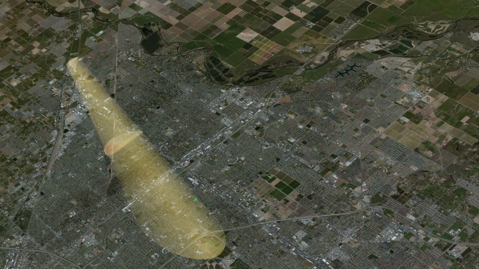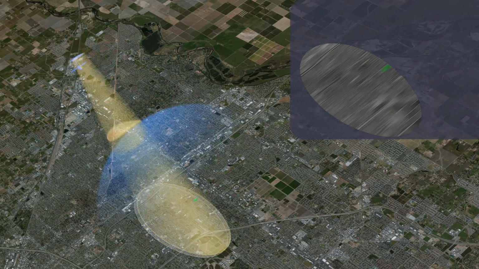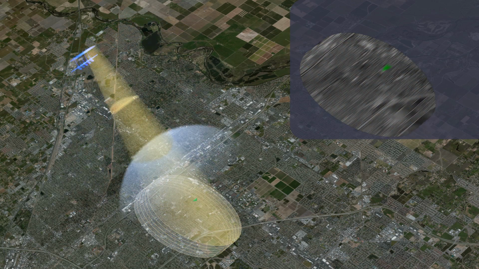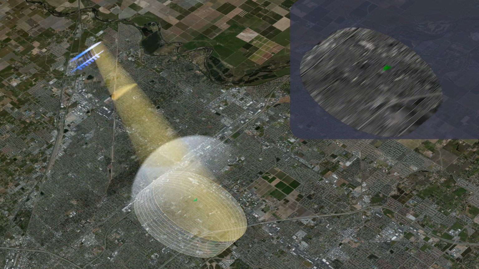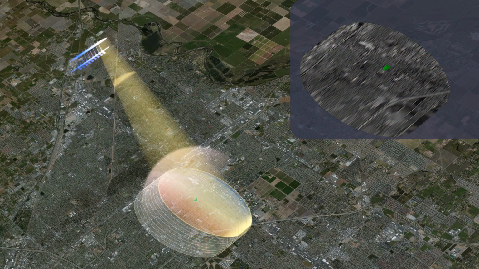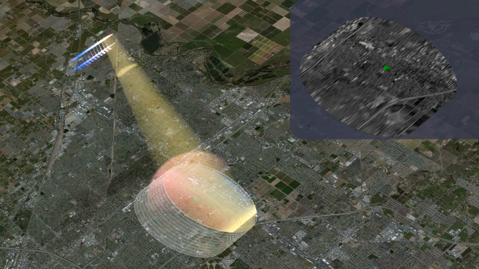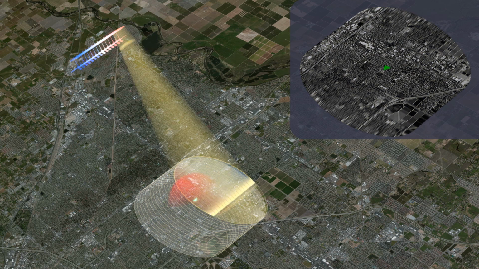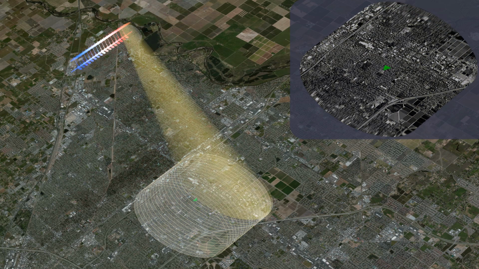And the technique is to effectively fly the spacecraft along its track, send out pulses 1,000 to 2,000 times every second, and take all of that information that comes back to us over many thousands of pulses and treat it with special mathematical techniques as though they were all acquired at the same time by one big antenna. So we synthesize a very large antenna from many small antenna observations over time.